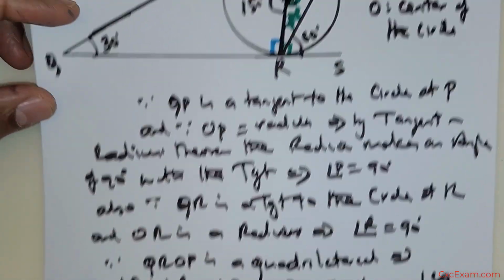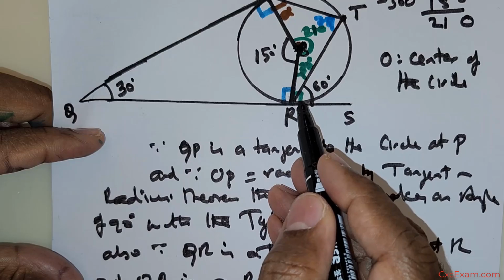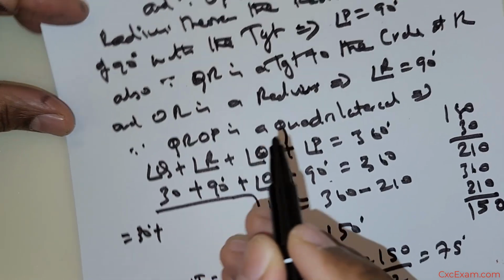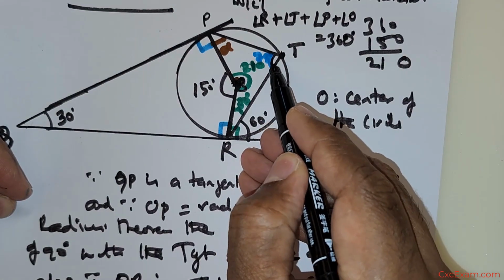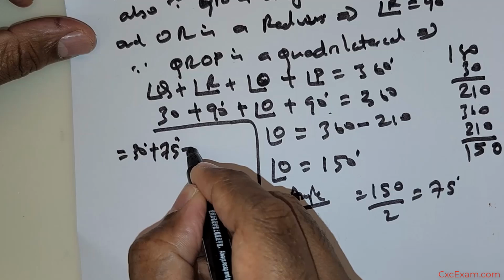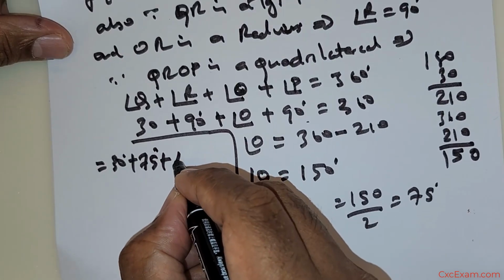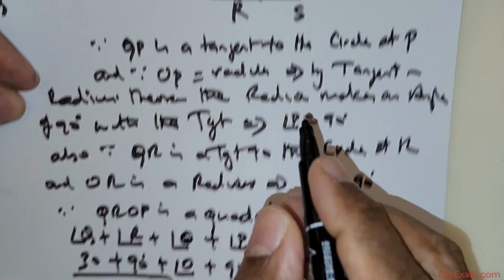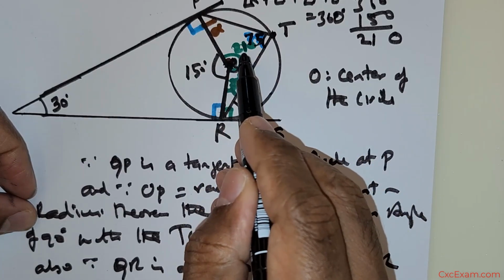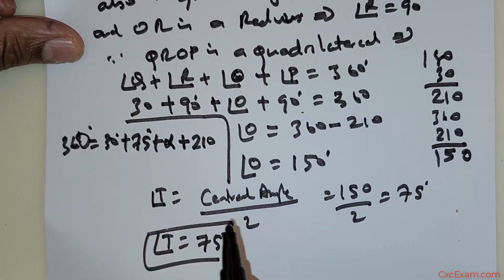Angle at R is 30 degrees, so 30 plus 75 degrees plus angle at P, which is alpha, plus 210, all of this should add up to 360 degrees.